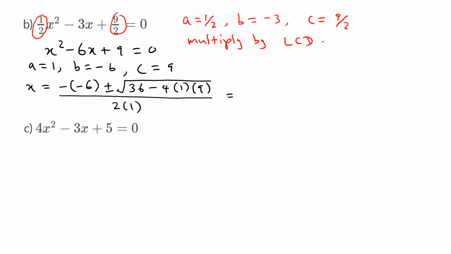You get 6 plus or minus, and inside you get 0, so square root 0, which is 0, over 2, so that means you get 3 as a repeated factor.